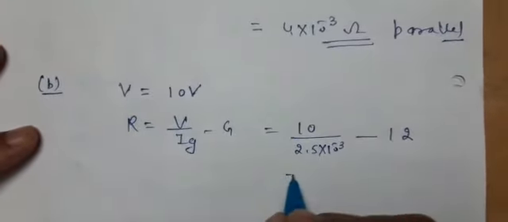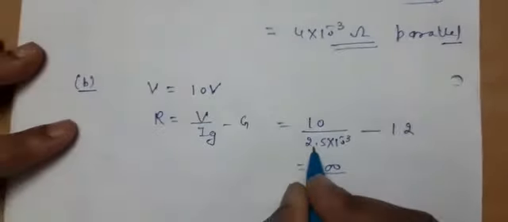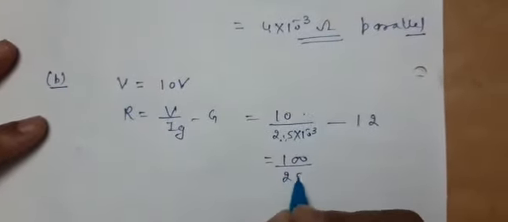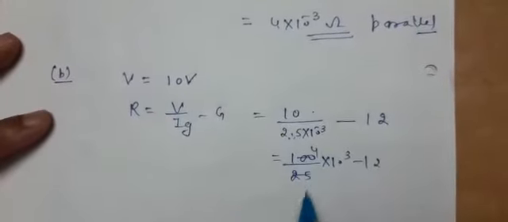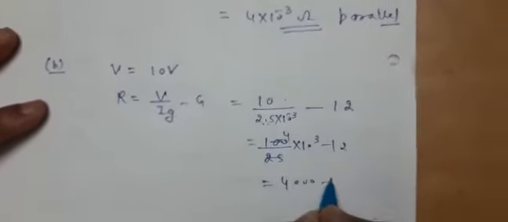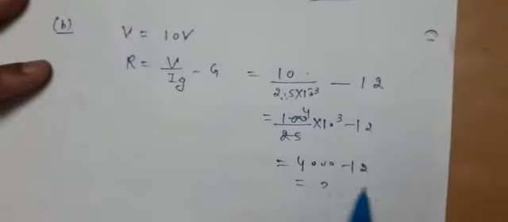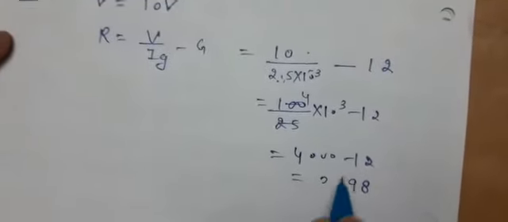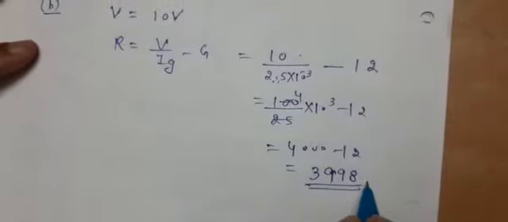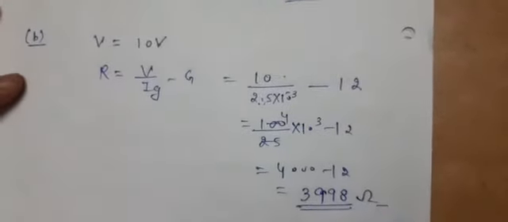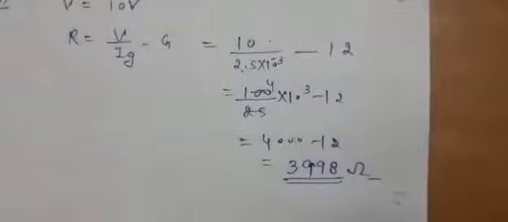So when you solve it, 2.5 into 10 to the power minus 3 comes in the denominator, so it is 10 to the power 4 by 2.5, that is 4000, minus 12. So it is 3988 ohm.